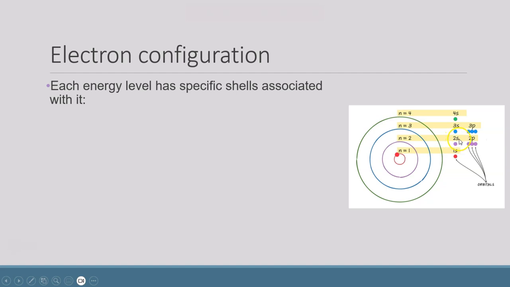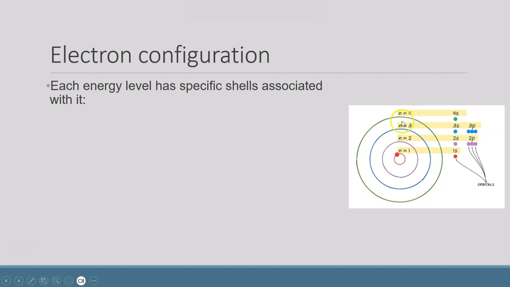We call it a 2s and we call it a 2p because it's in the second energy level. This S shell can hold 2 electrons, and the P shell, which has got 3 different P orientations in it, can hold 6. 6 plus 2 is 8. Therefore, the second energy level can hold a maximum of 8 electrons.